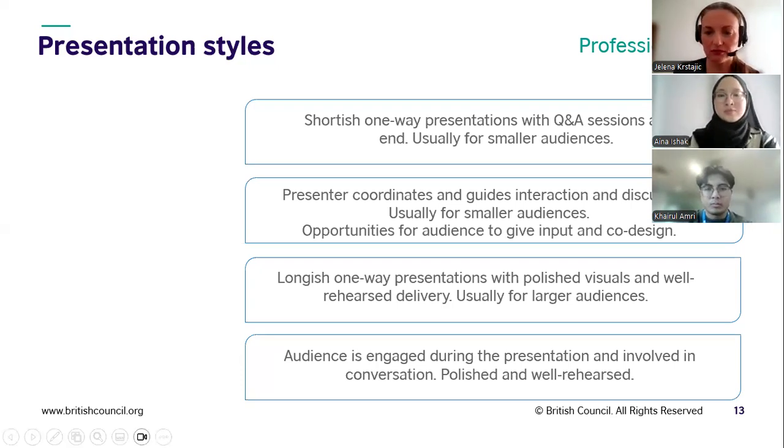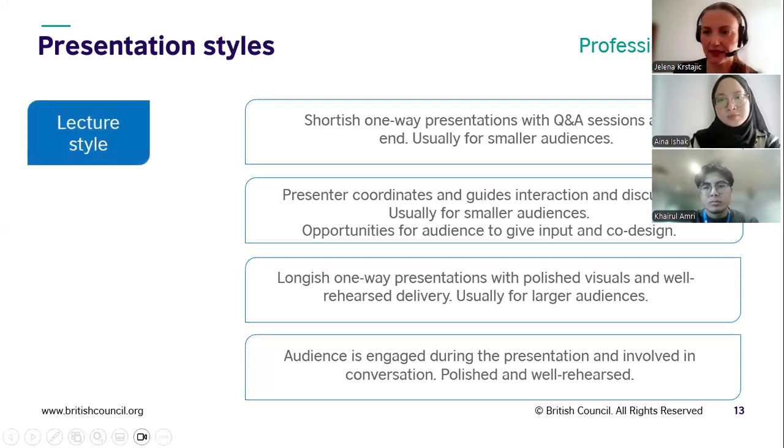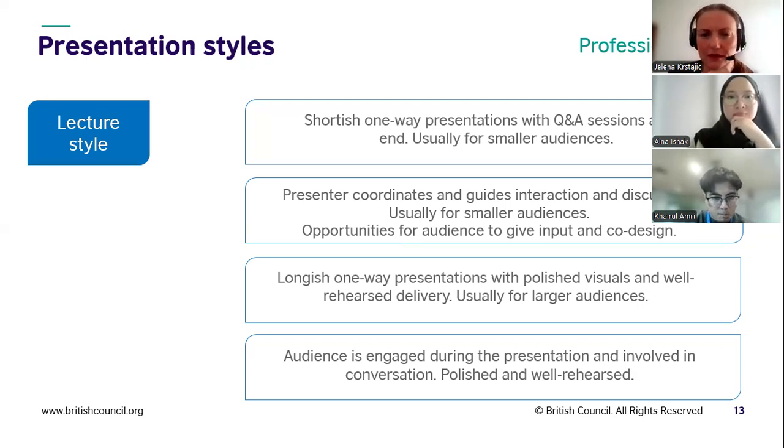So let's try to do this together, okay? Lecture style. What do you think? Here we have 4 definitions of presentation styles, and we just need to choose out of these 4 which is the lecture style.